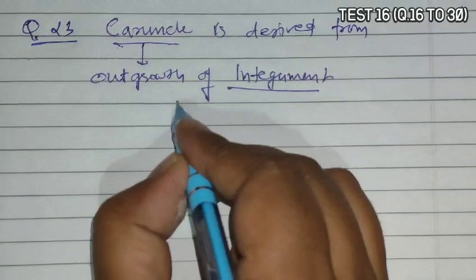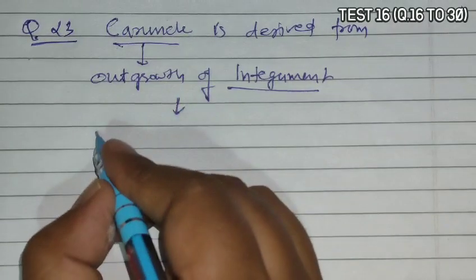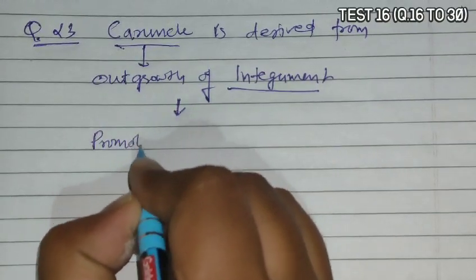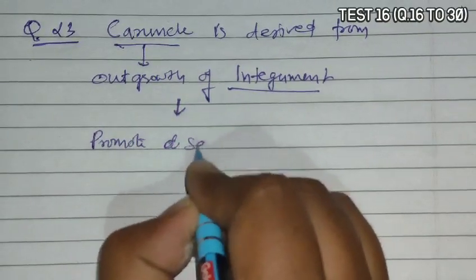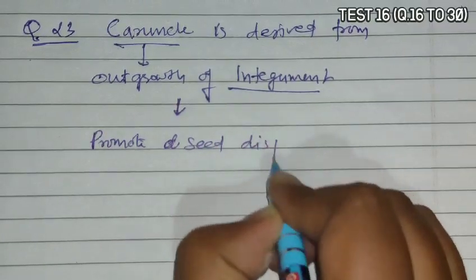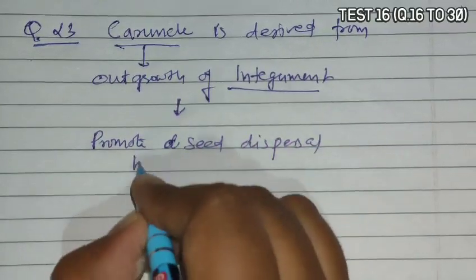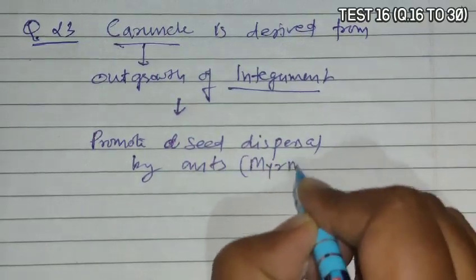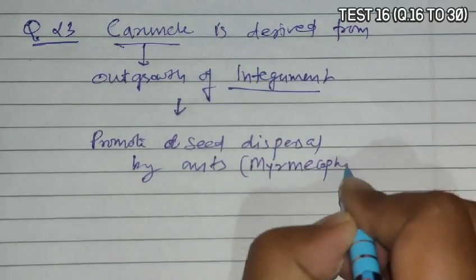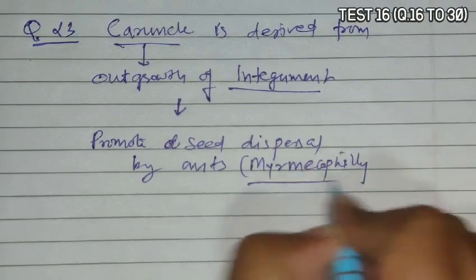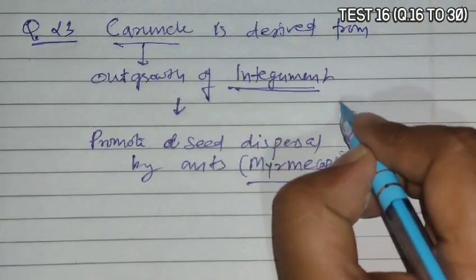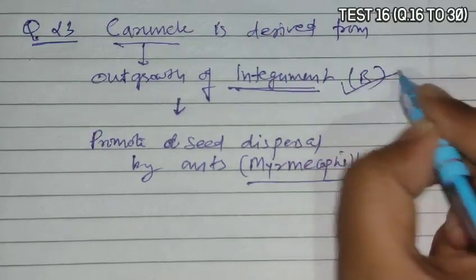This outgrowth of the integument helps to promote seed dispersal by ants, that is myrmecophily. So this is the outgrowth of the integument, so option B is the correct answer.